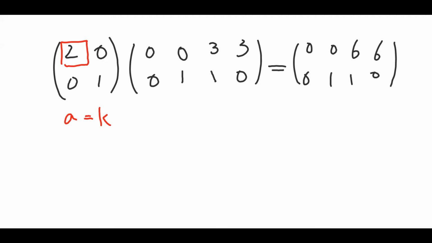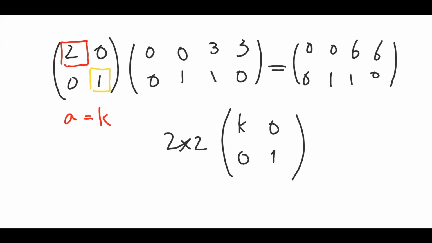Now in y we had 1, so nothing happened to the y-axis, but in x we had 2, so the point stretched on the x-axis by a factor of 2. Okay? This is how you'll show the stretch on the x-axis. Any 2 by 2 matrix we have, with k, 0, 0, and 1, this will determine our stretch on the x-axis, the first element of our matrix.